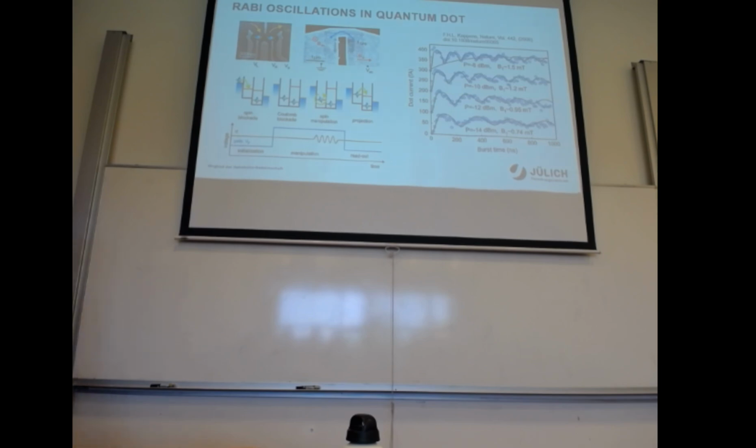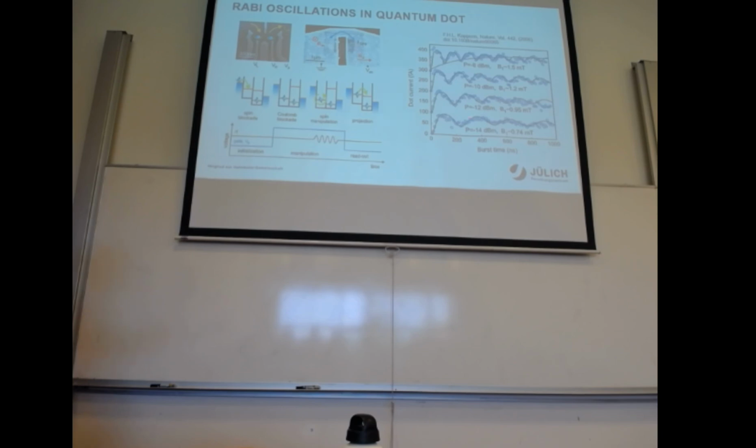Yeah? What do you mean by power? This is the microwave power of the source, so that is basically at the top of the experiment how much microwave power you send down, which then translates into the amount of current here.